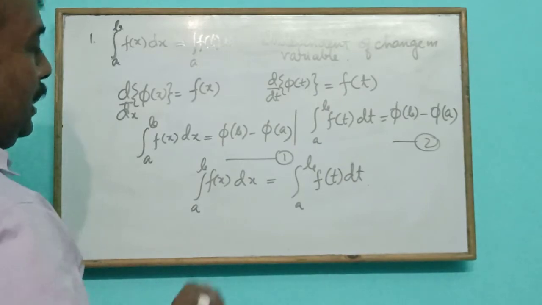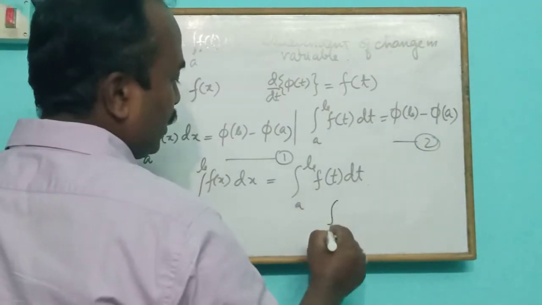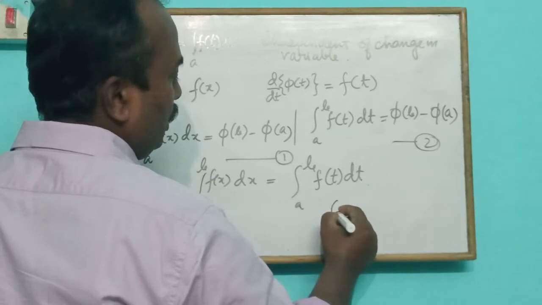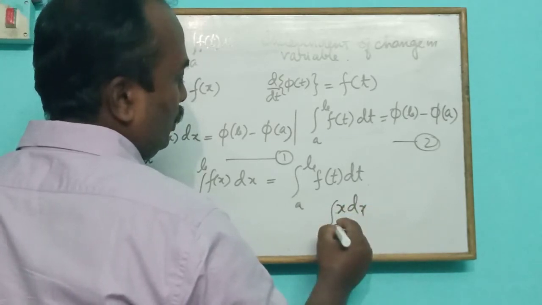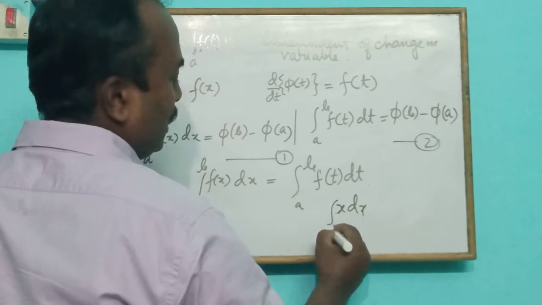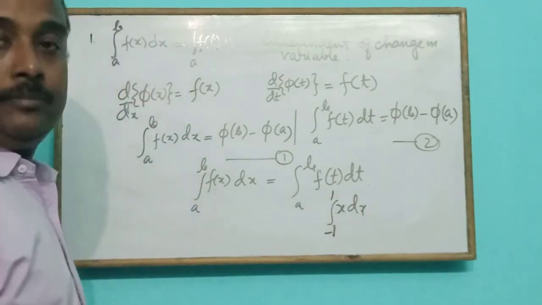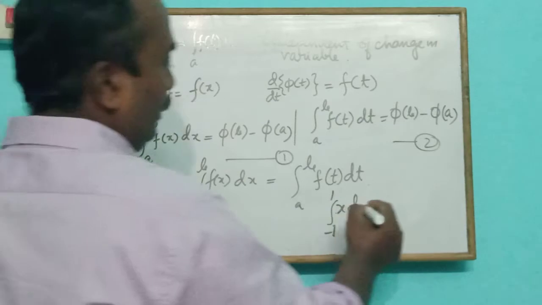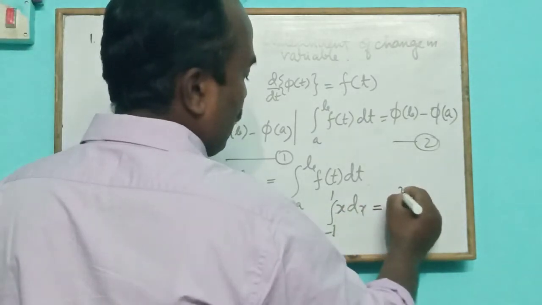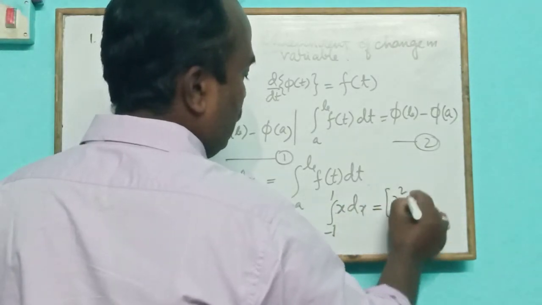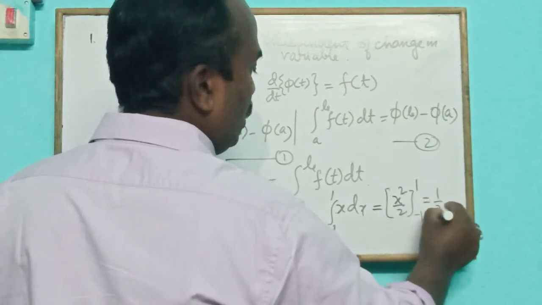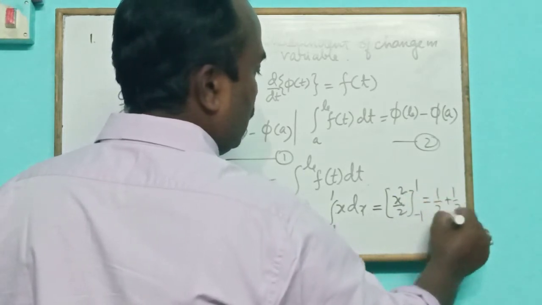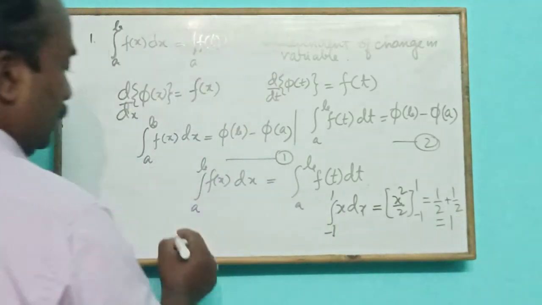This shows that suppose we have integration of say x dx, from minus 1 to plus 1. Its answer will be x square by 2 from minus 1 to plus 1, that will be 1 by 2 plus 1 by 2, that is 1.